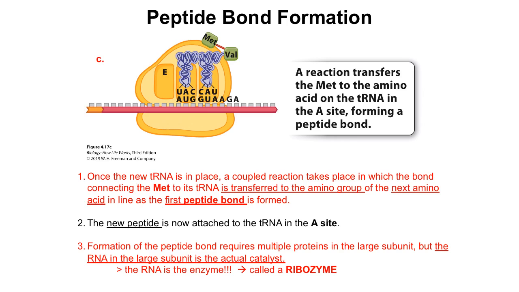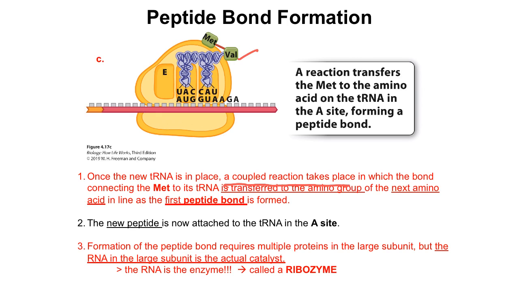Now, elongation commences with the formation of the first peptide bond between the two amino acids, and this is how it takes place. Once the new tRNA charged with the valine is in place in the A site, what we call the coupled reaction takes place.